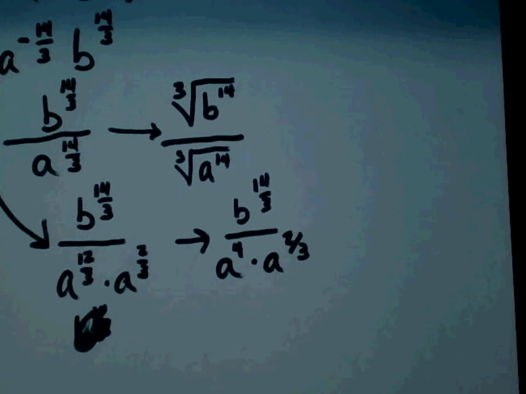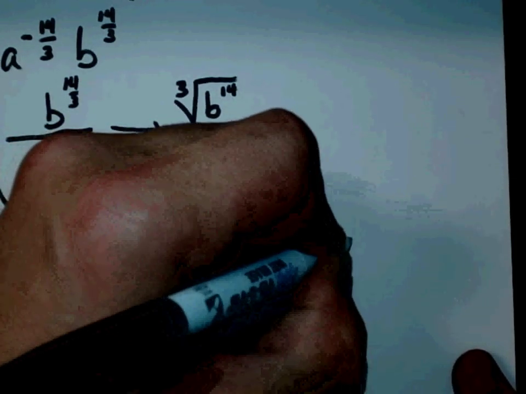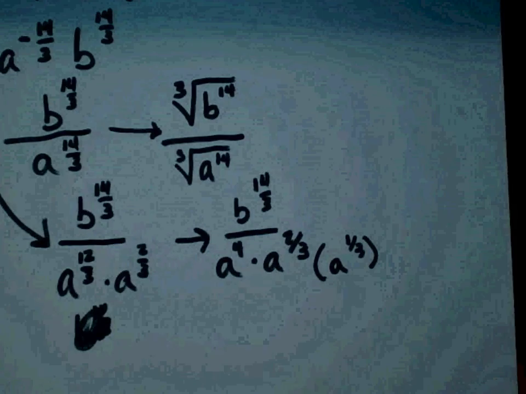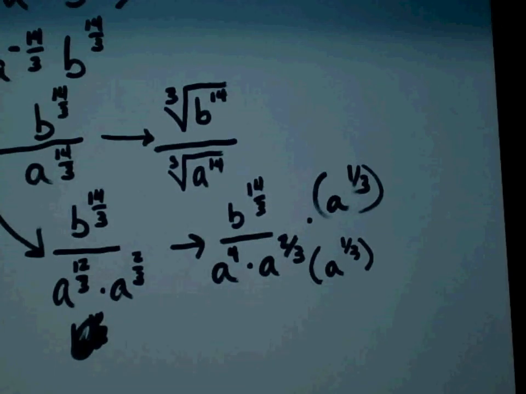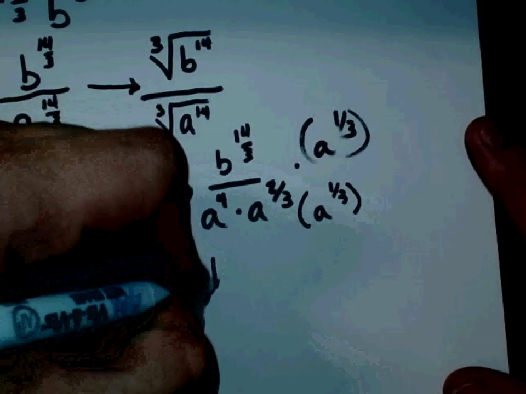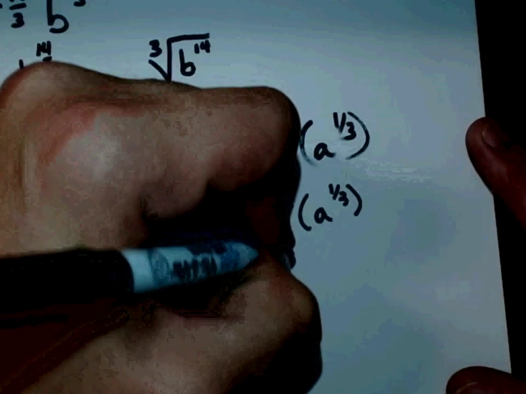Multiplied by 1/3. Okay, so I'd multiply it by a to the 1/3, right? Because that's going to make 3 over 3 as my exponents. Do y'all agree with that? And if I do it to the bottom, got to also do it to the top. Am I correct?